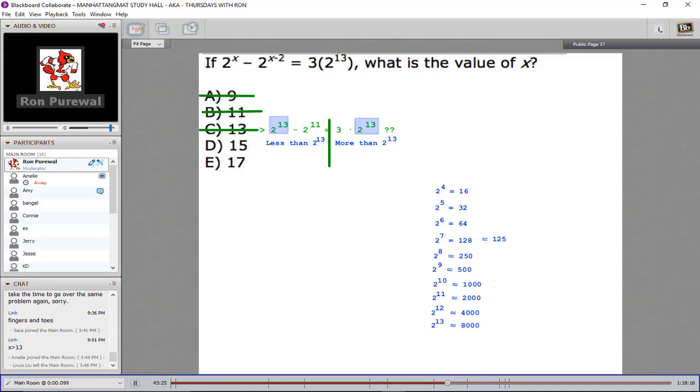You can just write these out in your scratch work. 2 to the 14th is approximately 16,000. 2 to the 15th is approximately 32,000. And we're only going up to 2 to the 17th, right? So this doesn't really take that long. That's not very painful.